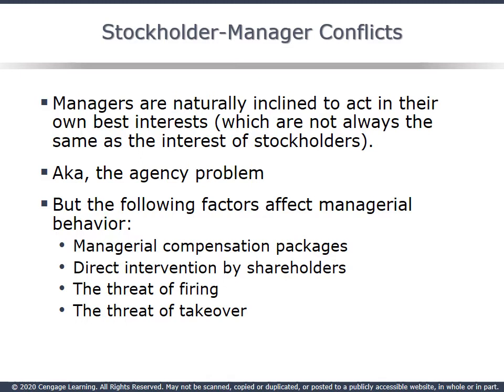Another method is direct intervention by shareholders. Big investors in a corporation can force this because they have the votes. They can take control of that firm. The threat of firing, of course, can also alleviate the agency problem. And finally, the threat of a takeover.